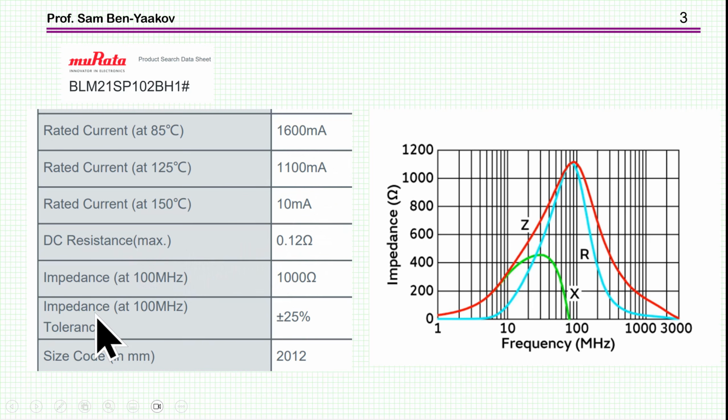The impedance at 100 megahertz, the red one, is about 1 kilo ohm, 1000 ohm. The tolerance is 25%, which is not too bad. And this is the size. It's not a very small unit, but not that large either, a medium-sized SMT device.